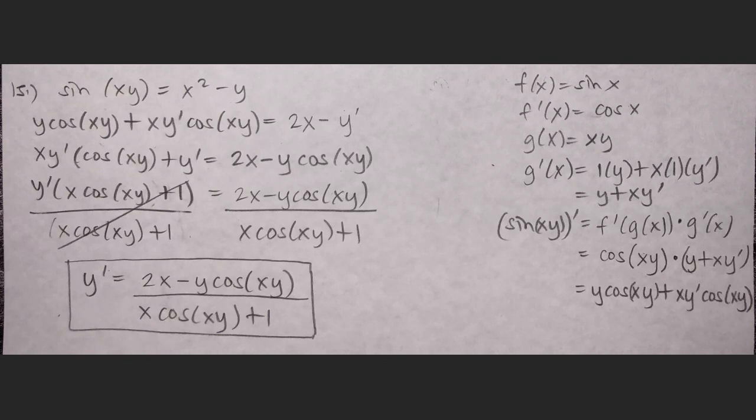Then I factored y prime out and got y prime times x cosine xy plus 1. Then I divide both sides by x cosine xy plus 1. So the final answer is y prime equals 2x minus y cosine xy, over x times cosine xy plus 1.